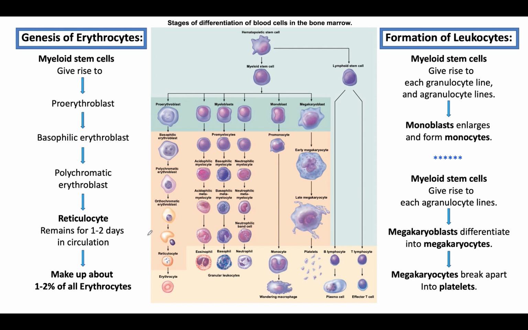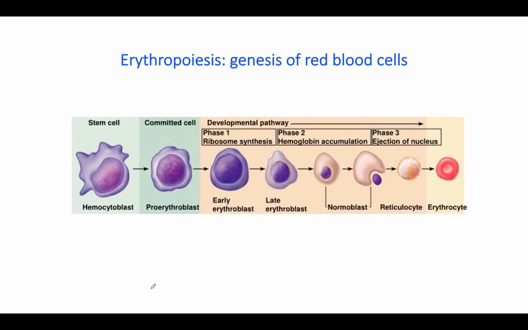Lost red blood cells are replaced by division of hemocytoblast or hematopoietic stem cell in the red bone marrow. Let's concentrate on red blood cell first.